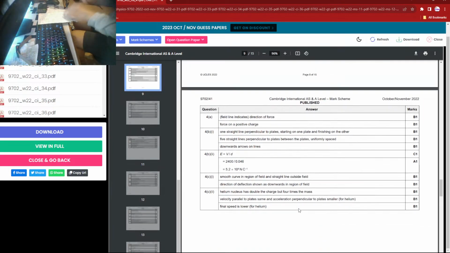Final speed is lower for helium. Okay, less speed. Velocity parallel to plate, same, and acceleration perpendicular to plate, smaller. Double the charge with 4 times the mass, so I get 2 marks only.